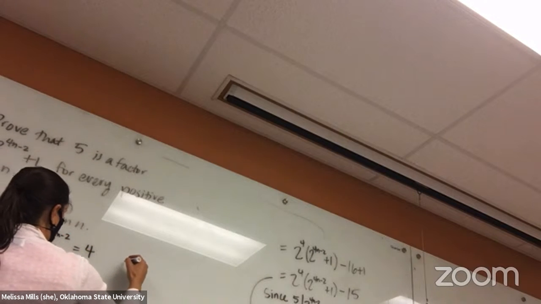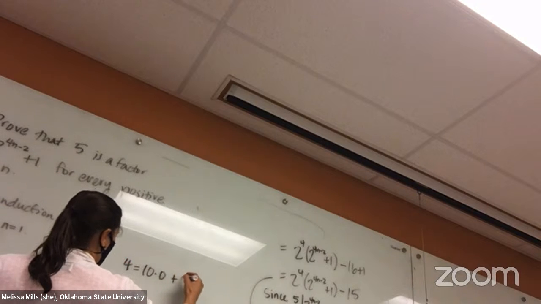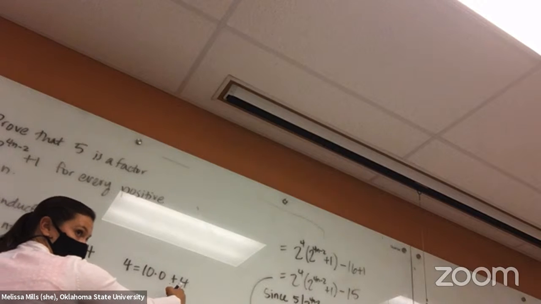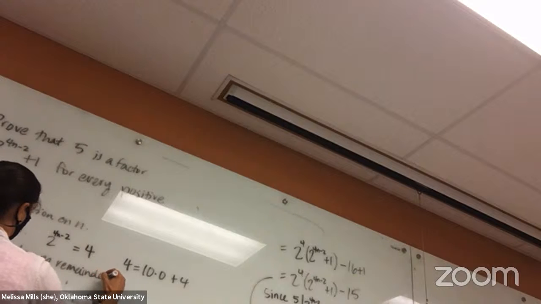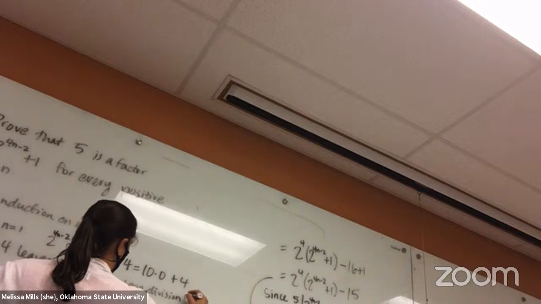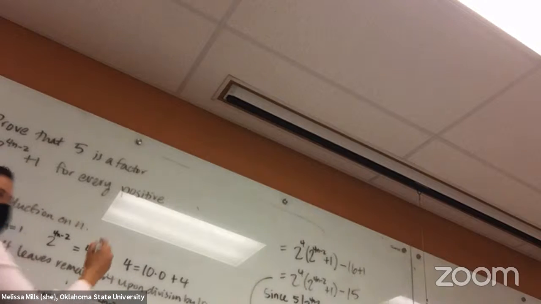And so 4 is equal to 10 times 0 plus 4. So by the division algorithm, that's my remainder. So 4 leaves remainder 4 upon division by 10.